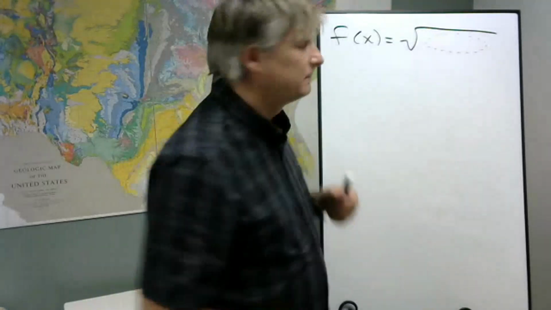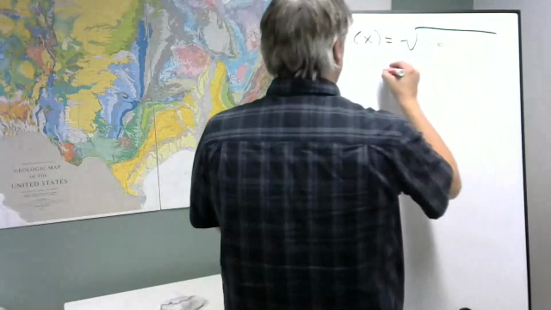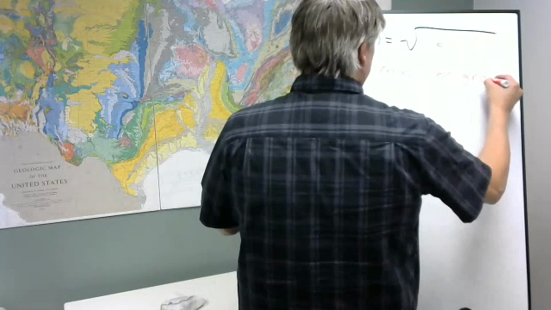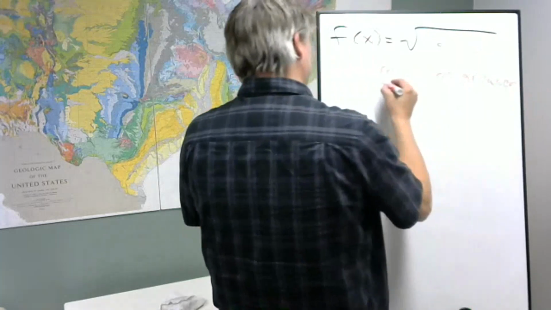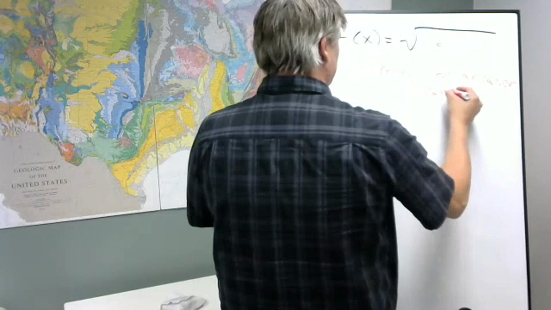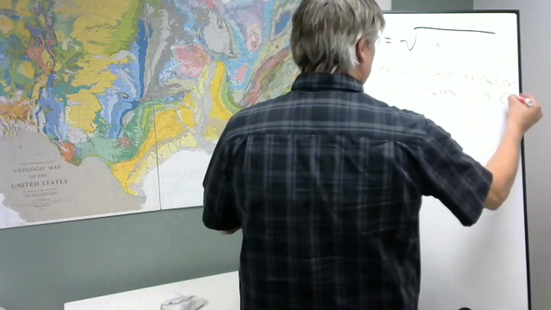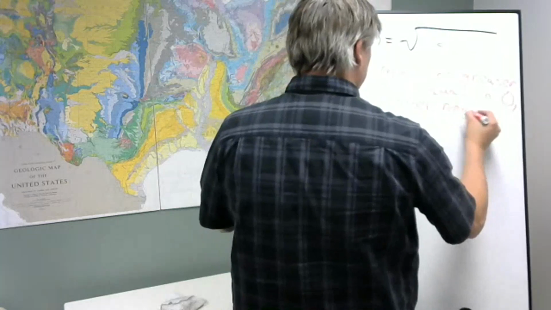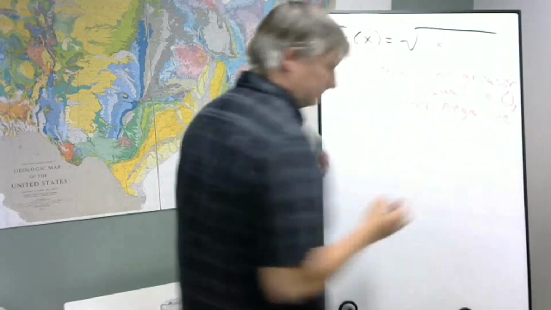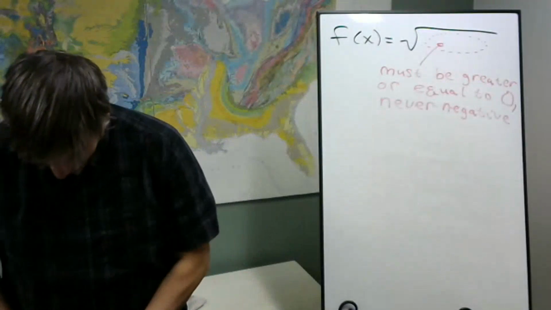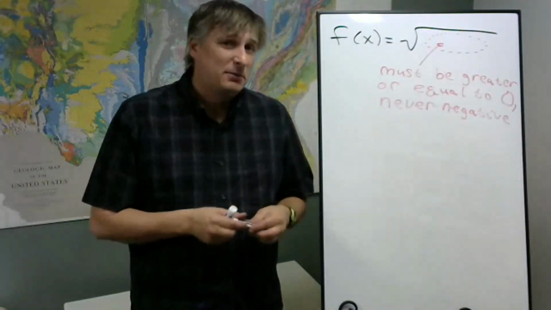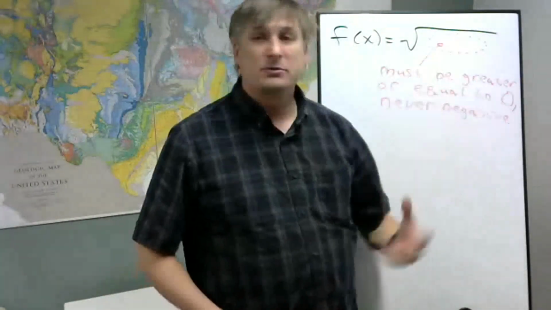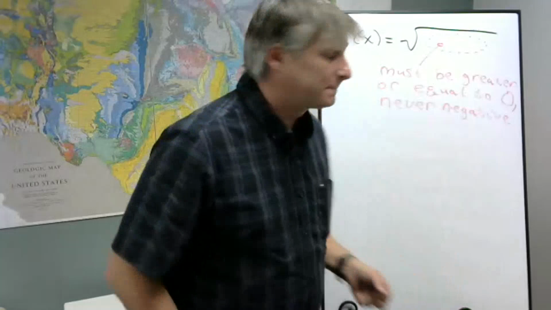It can never be negative. So that's going to be important when we talk about domain with square roots. This can never produce a negative value, whatever's underneath.